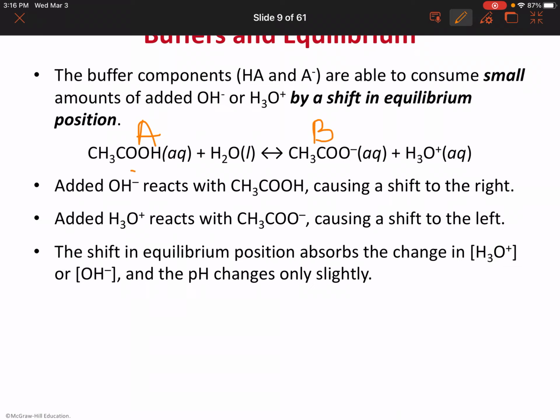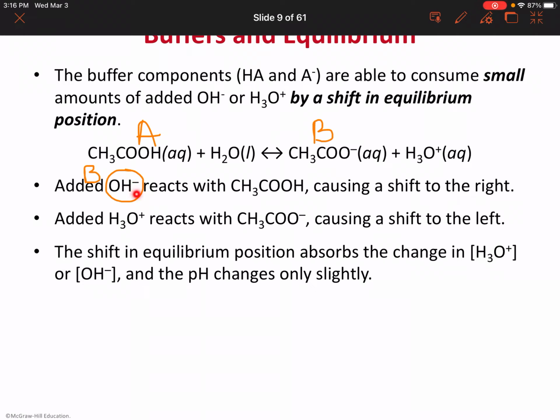You add a little bit of hydroxide. Hydroxide is a base. When you add it, is it going to react with the acetic acid component or the acetate component? We know base is not going to react with base, correct? So when you add a base, it's going to react with the acid component of the buffer.